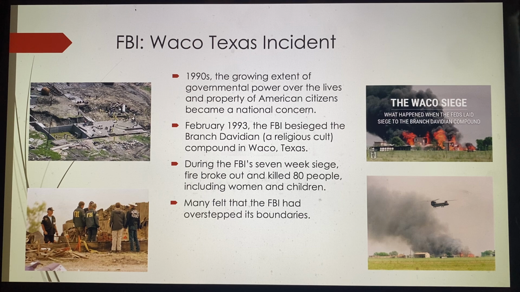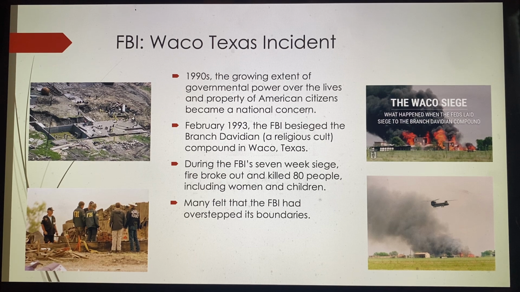It was a religious cult, and it was a compound in Waco, Texas. They were just living there communally. During the FBI's 7-week siege, that means they surrounded the place for 7 weeks, fire broke out and killed 80 people, including women and children. Many felt that the FBI had overstepped its boundaries.